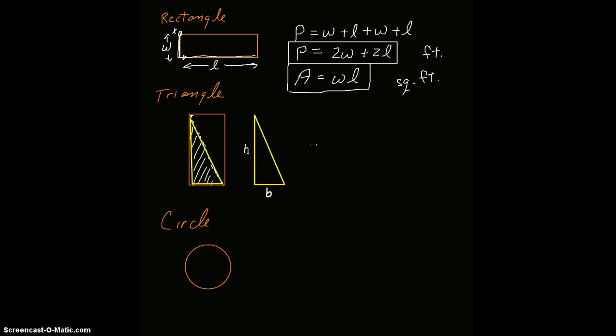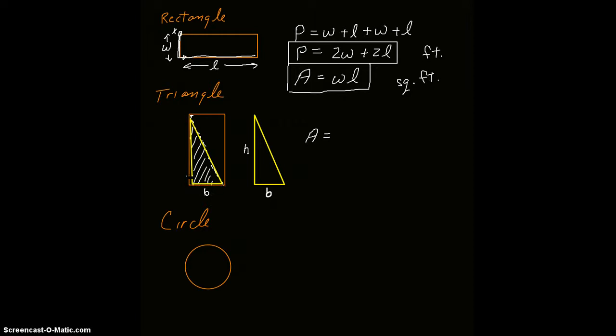For a triangle, the formula I want you to remember is for area. Well, what's the area of this rectangle? Well, let's go back to this rectangle. I called this base B. That's the width of the rectangle. I'm just giving it a different name.